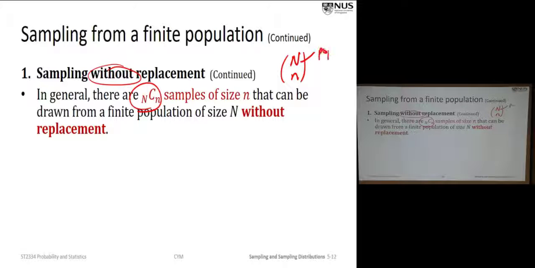This is the population size, capital N, since we're talking about a finite population. It can be 20, as I showed you just now, it can be 100, it can be 1 million. This is our sample size n. So this is the number of possible samples of size n that you can select from a finite population of size N without replacement.